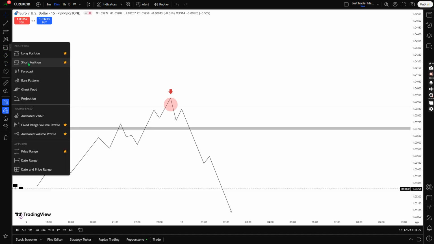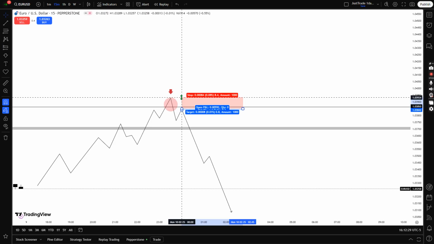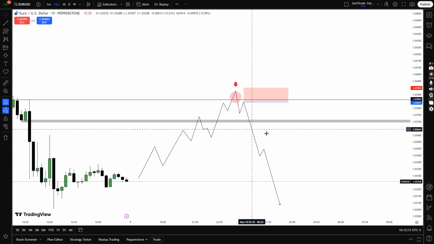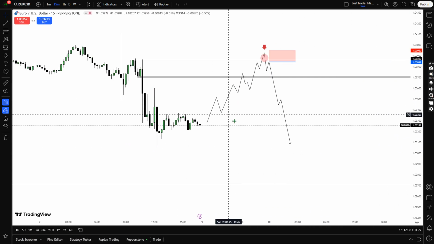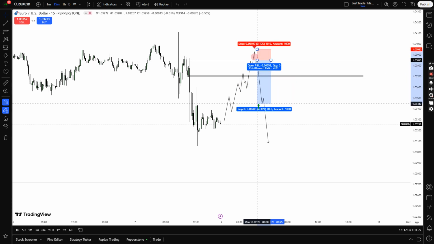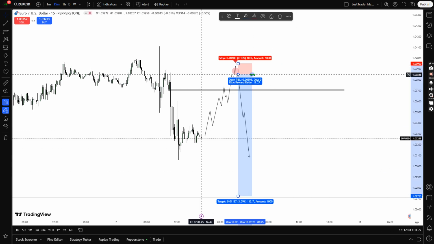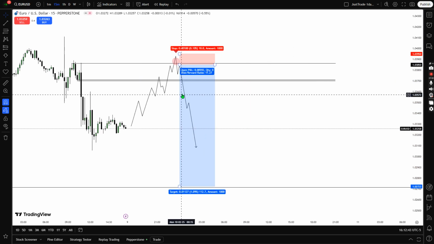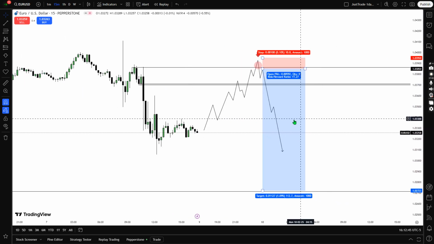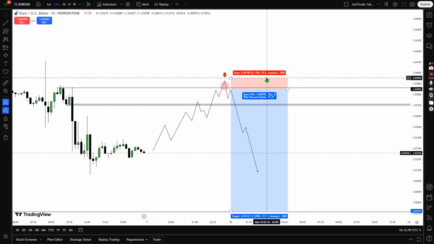Okay, we would short the market at this level with a stop loss about this one, and then a take profit, which might actually be this one of trying to reach our level. So as you see, beautiful trade, 11.27 risk-reward ratio. So if you risk $100, you would make $1,100.